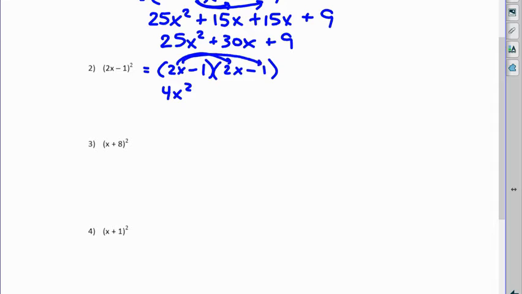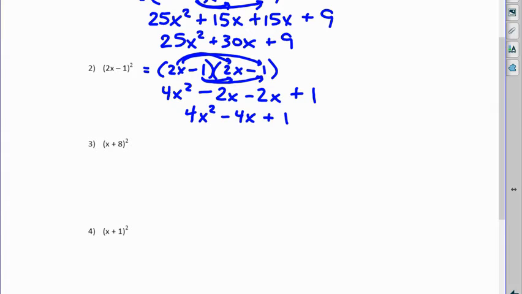There's the next one, minus 2x, inside minus 2x. And notice that you have a double negative, so that's positive 1. Combine your like terms, 4x squared minus 4x plus 1.